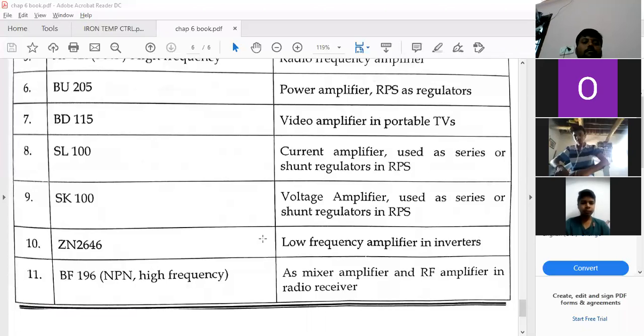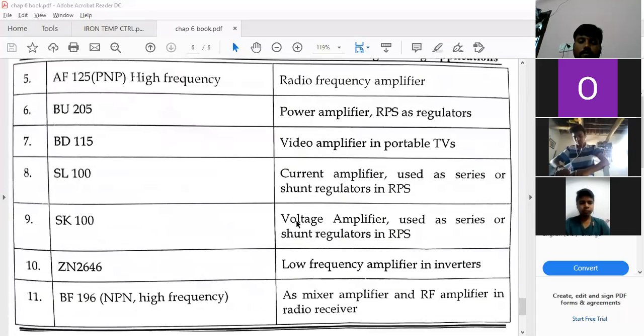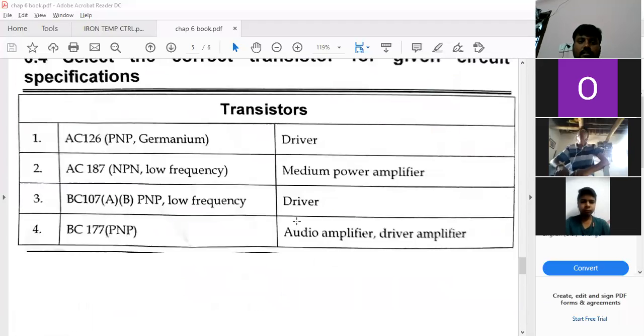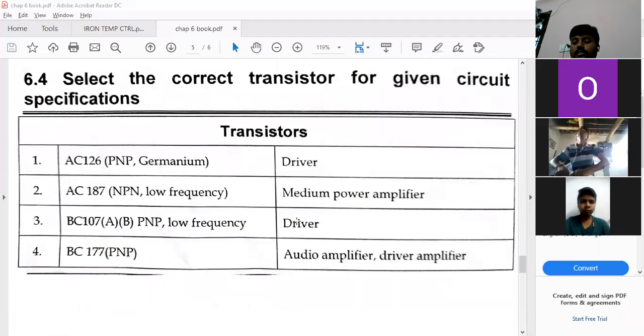And the BF196 NPN transistor is used for high frequency applications. It is used in mixer amplifiers and RF amplifiers in radio receivers. So this is about the transistors and transistor numbers used for different applications.